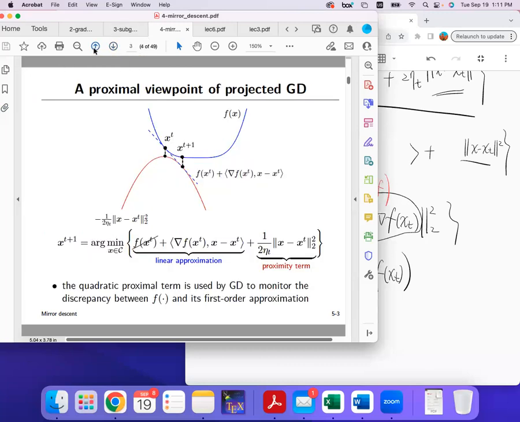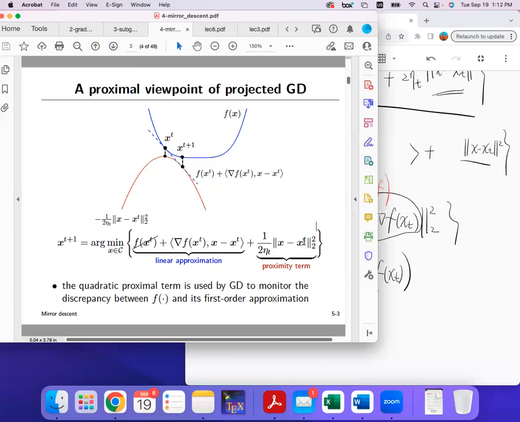And a very natural question to ask is that this part is given by Taylor expansion, and then this is kind of the residual part. It's a higher order term on the difference.